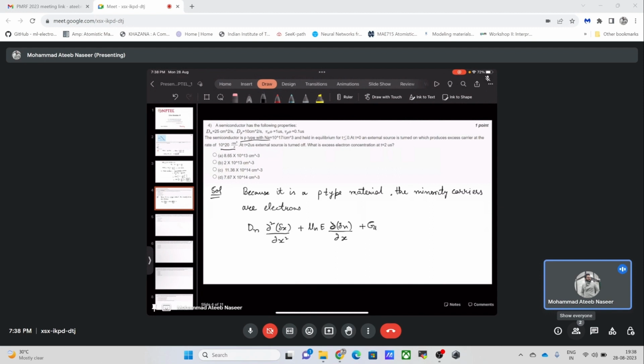So GL minus delta n by tau n naught is equal to d delta n by dt. Now these two terms will simply cancel out, and will be equal to 0, because this is uniform generation and we have no electric field.